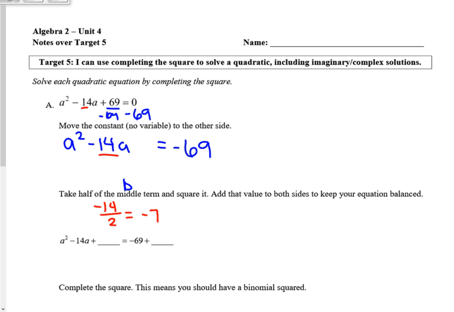And then square it. So I'm going to take my value of negative 7 and I'm going to square it. And negative 7 squared is 49. That number will always be positive because whether we square a positive or a negative number, we get a positive value. It says add that value to both sides to keep your equation balanced. So I'm going to have plus 49 and plus 49.